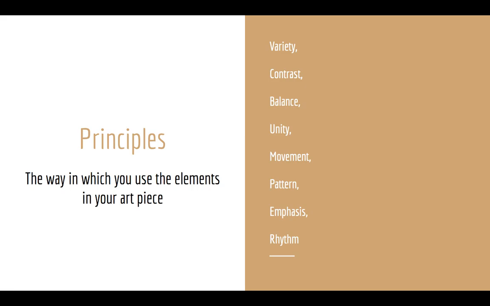They are variety, contrast, balance, unity, movement, pattern, emphasis, and rhythm. Any of those sound like something you've heard of before? I'm sure you've all been talking about patterns since kindergarten.